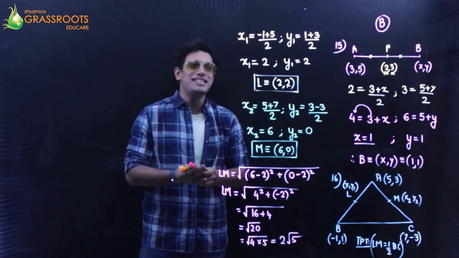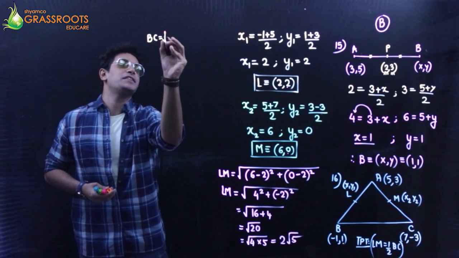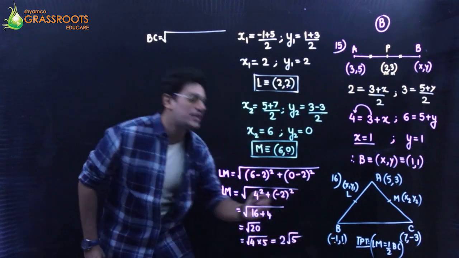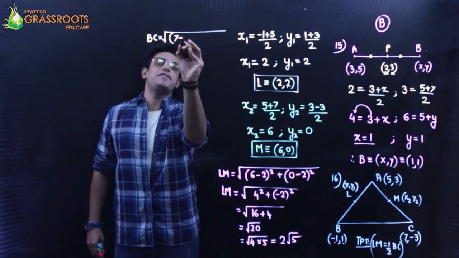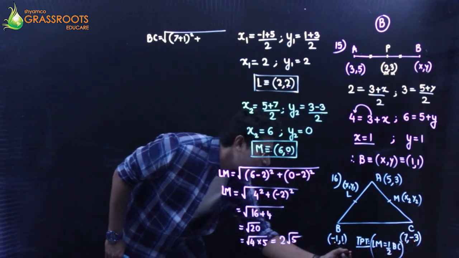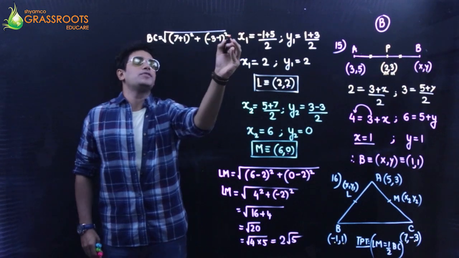Find the distance of BC. If you again use the distance formula for BC, 7 minus of minus 1, that's 7 plus 1 the whole square, plus (minus 3 minus 1) the whole square.